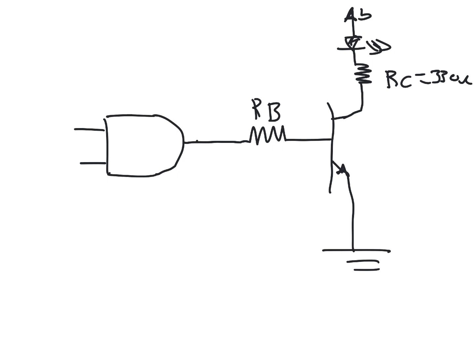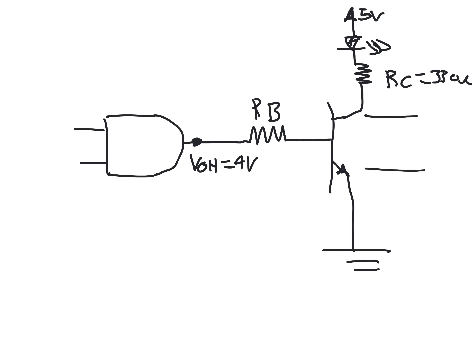We're going to assume that the output high voltage is 4 volts. Okay, so it can range between 2.7 and 5. So we have the transistor buffering the gate output to the LED, so therefore we can turn on the LED when the output is high, which we couldn't do directly without that transistor.